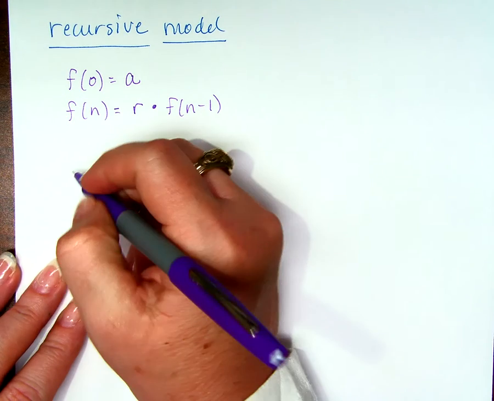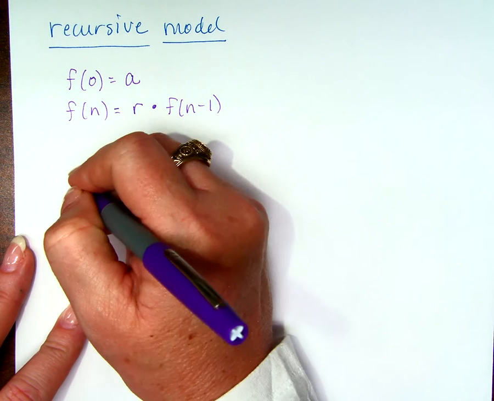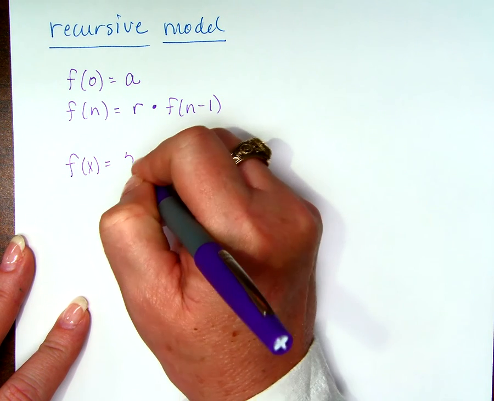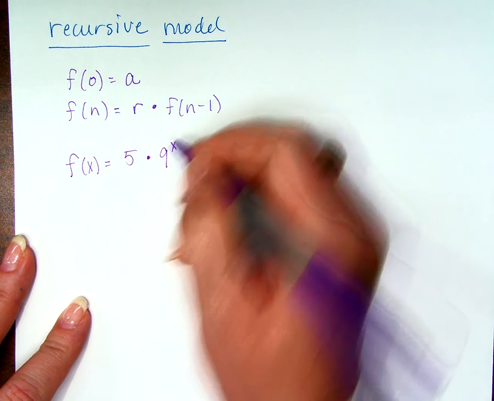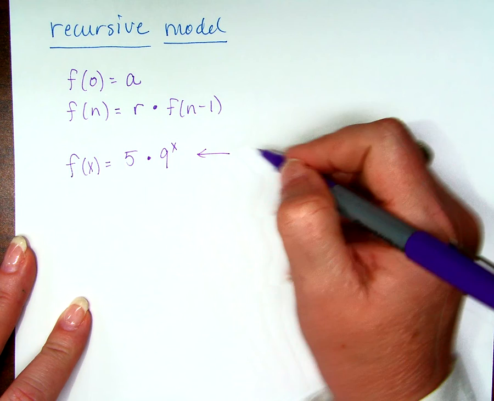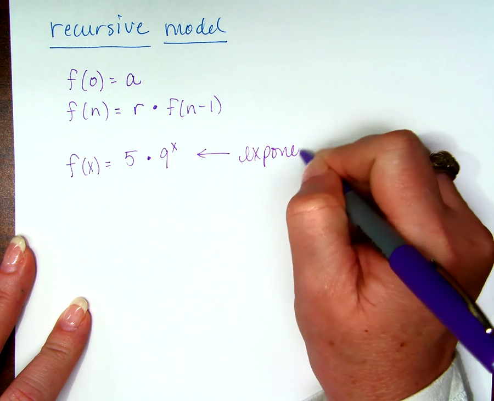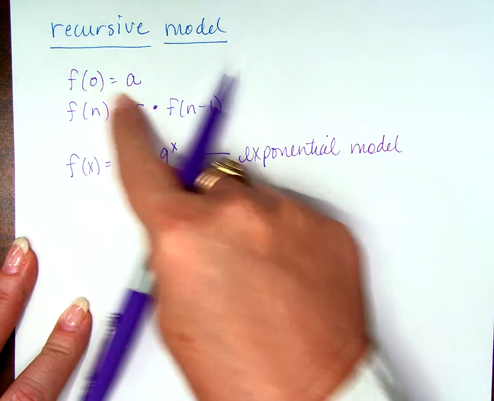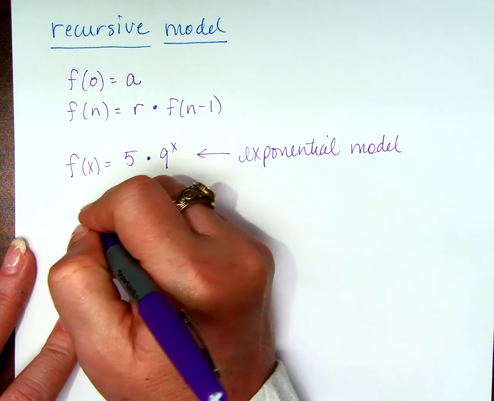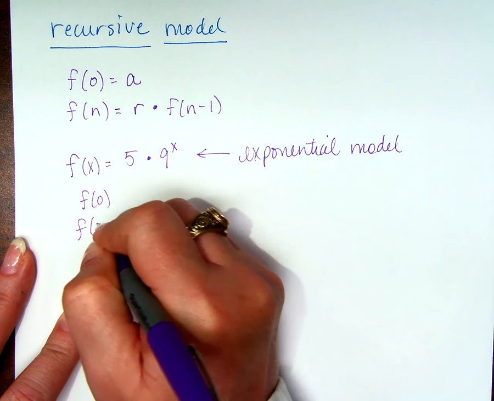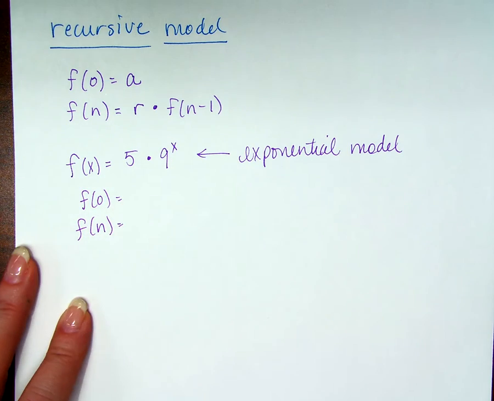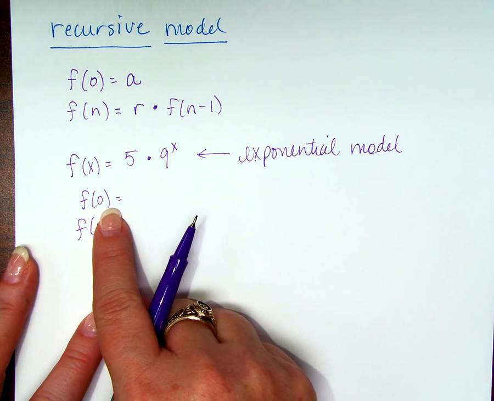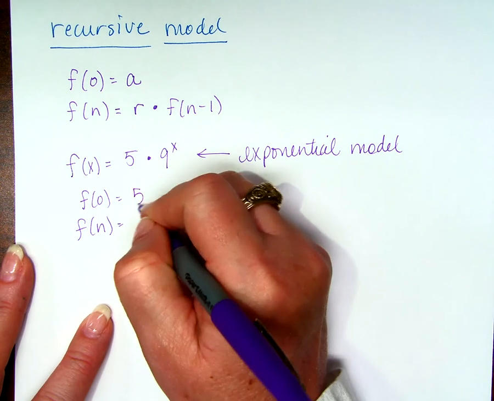Okay, just making sure. So if I tell you the exponential model is f of x equals 5 times 9 to the x, this is the exponential model. I want the recursive model, which means I have to list f of 0 and f of n. In this exponential model, what is f of 0 going to equal? 5.